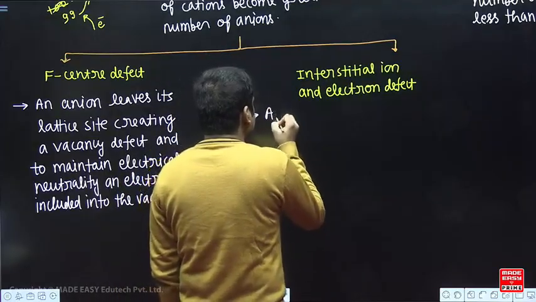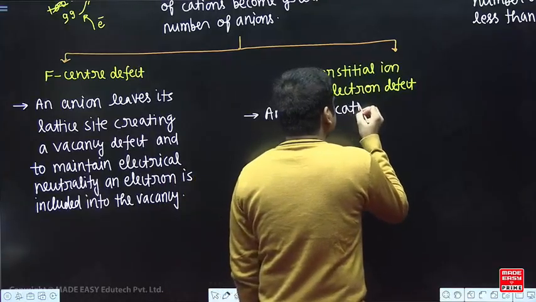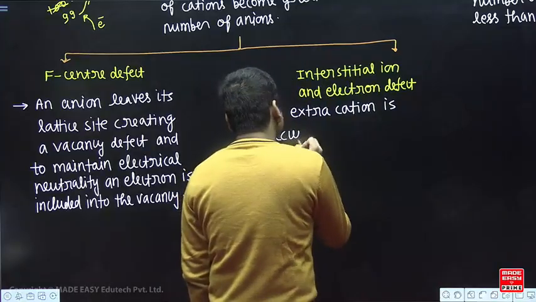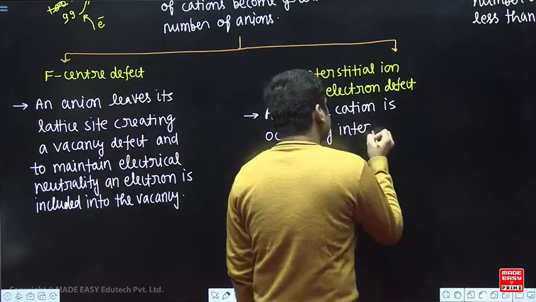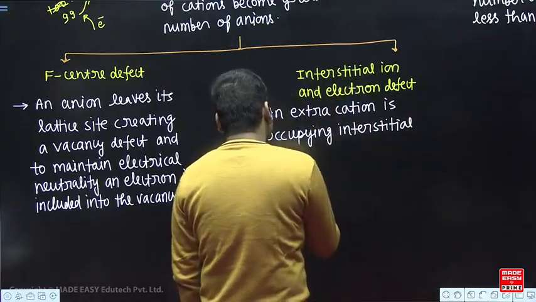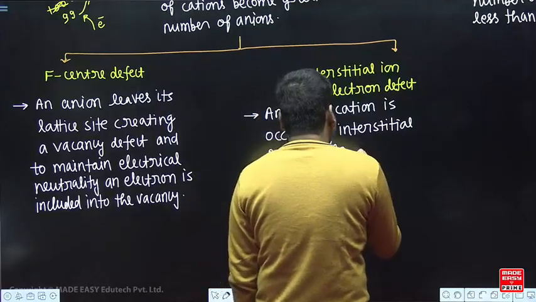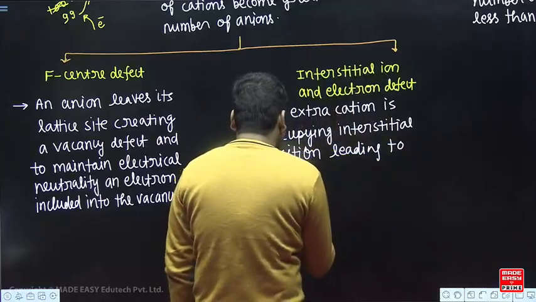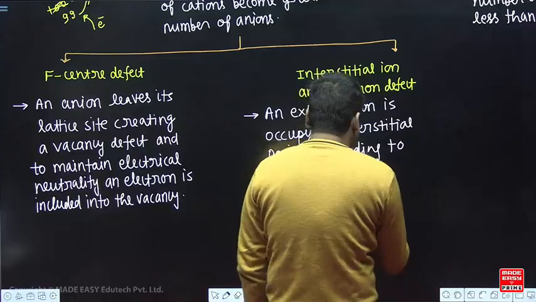An extra cation is occupying an interstitial position, leading to creation of interstitial defect.